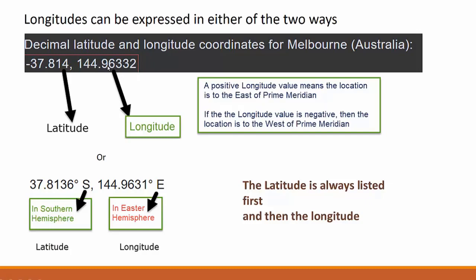So that's the decimal notation, but you could even write it in terms of west or east. So you can see over here it's expressed in terms of 144.96 east. Now we normally don't worry about the decimal part, we'll always round it up. So I'll use this value as 145 when we are using it in calculations.